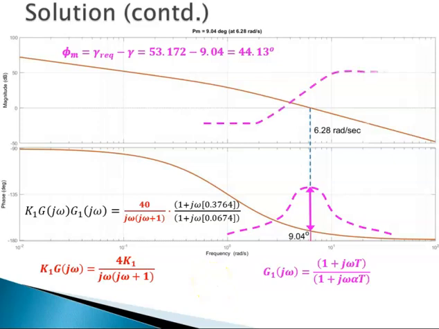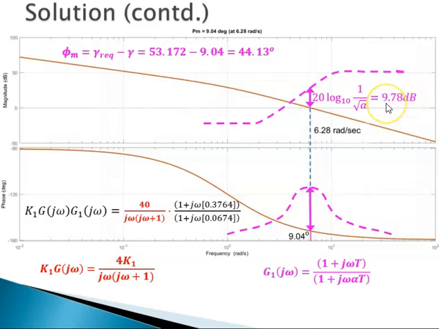We will see. When you use a lead compensator, we assumed it adds only the phase lead and nothing happens to the magnitude. No, it also contributes a magnitude. This contribution of the magnitude we already know, 20 log to the base 10 of 1 over square root of alpha. We derived that.